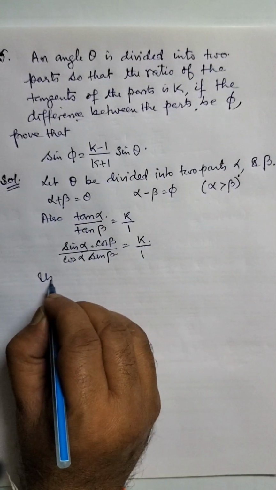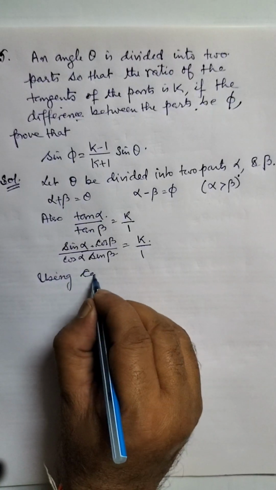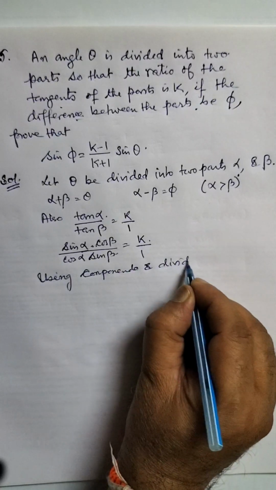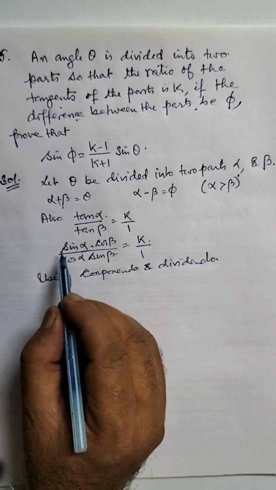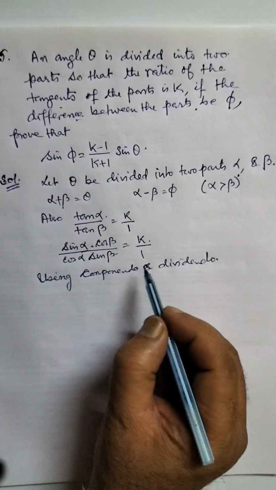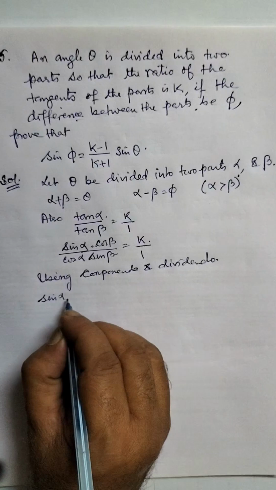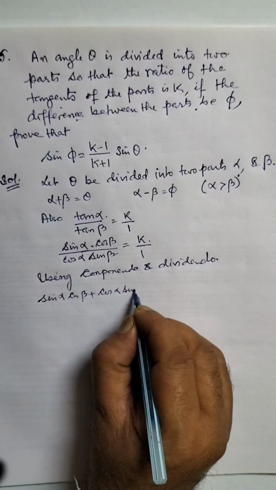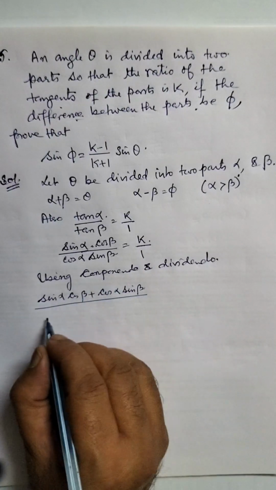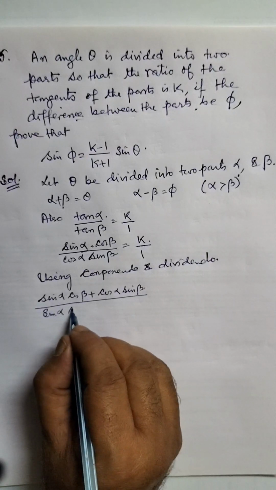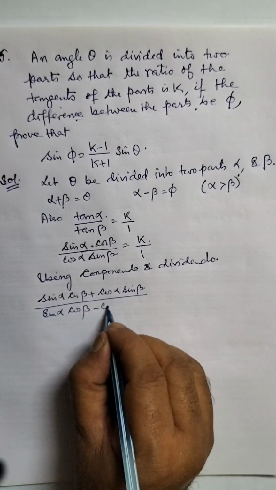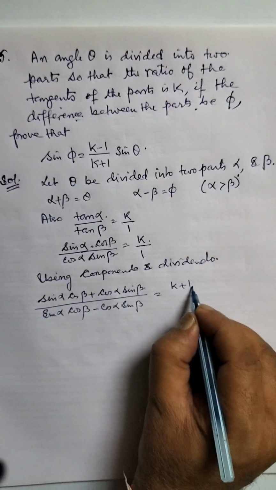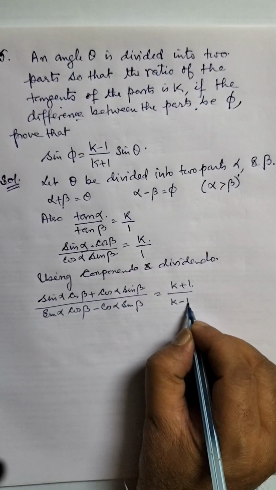Now again, using componendo and dividendo, numerator plus the denominator by numerator minus the denominator, that is sine alpha cos beta plus cos alpha sine beta upon sine alpha cos beta minus cos alpha sine beta, and this side it will be k plus 1 upon k minus 1.